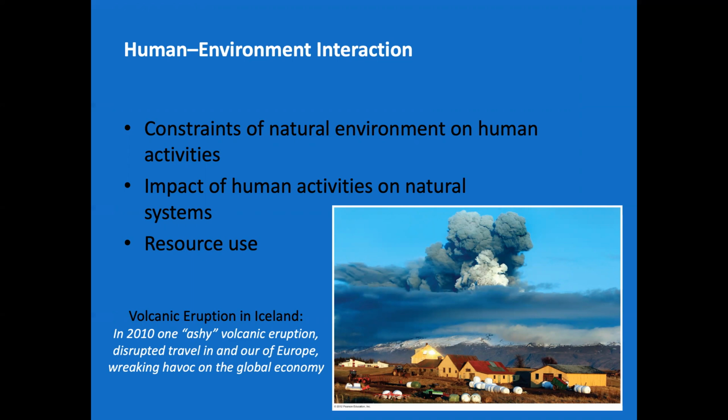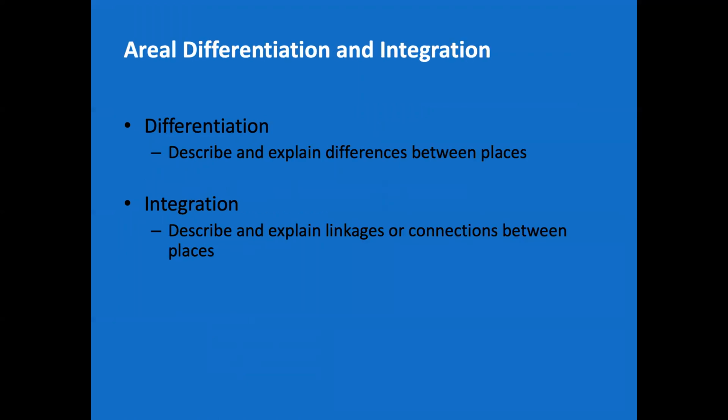This is a place in the middle of the Atlantic Ocean that was severely disrupting the world economy because it is in the middle of the airline traffic pattern between the United States and Canada and Europe. So that had a significant impact, not unlike the impact that COVID had on not only the airline industry, but the economy as well.